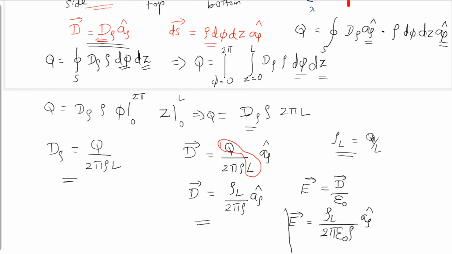So this is the electric field intensity due to an infinite line charge, which we obtained by applying Gauss's law.